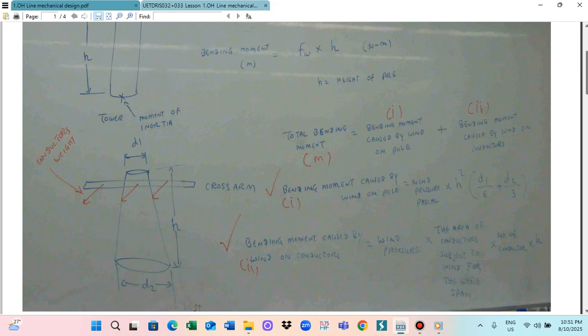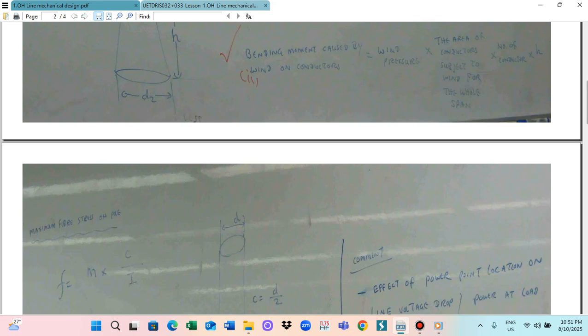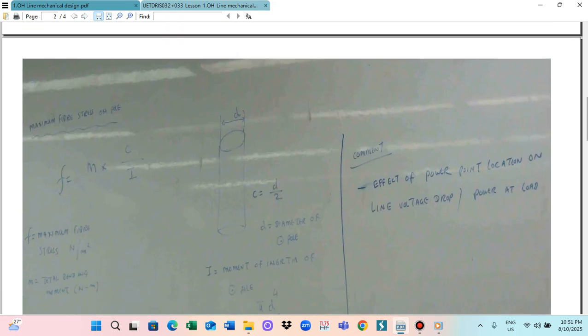Both are made of fiber. Timber is also a fiber, and so is the concrete. So this fiber stress you can calculate. F is equal to M multiplied by C divided by I. In this equation, F is the fiber stress, F equal to the maximum fiber stress.